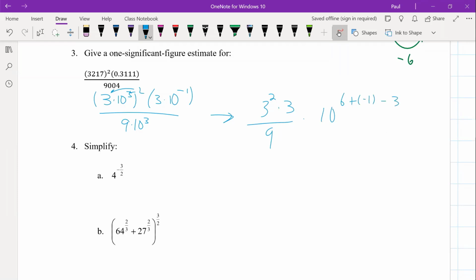Yeah. This guy looks like 3, right? And then what's my exponent? 2. So it's around 300. Pretty close. That's close to 4. That's pretty close for a rough figuring.